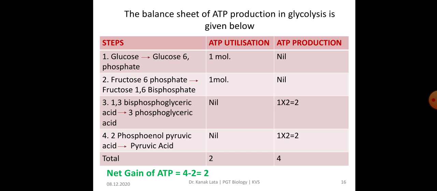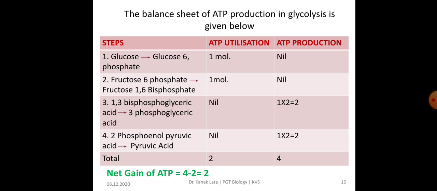Now it is about the balance sheet of ATP production and ATP utilization in glycolysis. When glucose is converted into glucose 6-phosphate, one molecule of ATP is utilized and there is no production. Again, when fructose 6-phosphate is converted into fructose 1,6-bisphosphate, one molecule of ATP is again utilized, but there is no production of ATP.